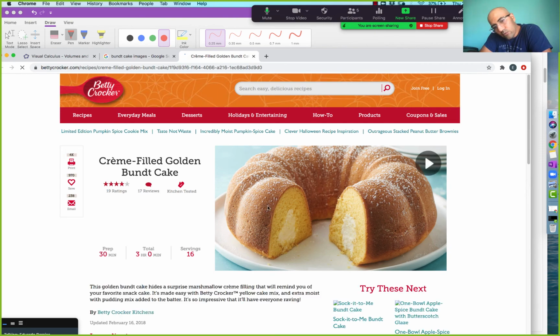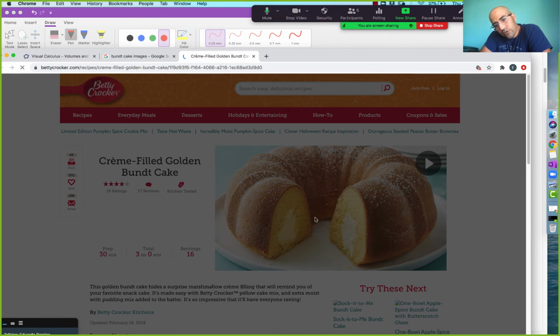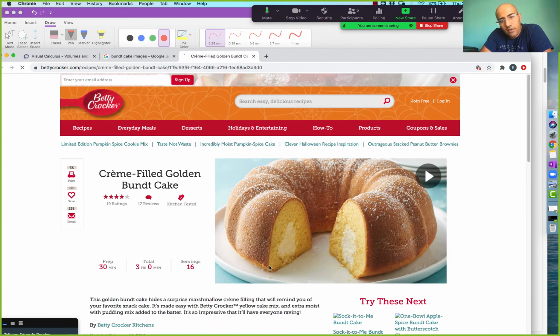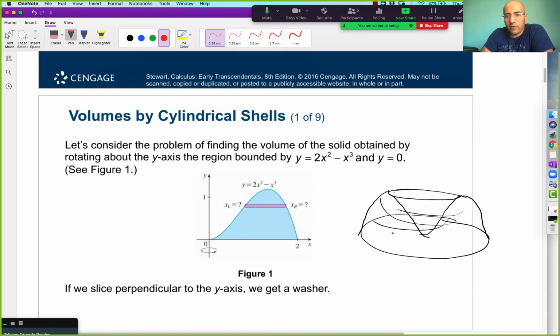As I slice it, we'll see that shape of that curvature come into here, but ours comes down to a center at the origin, so there won't be an actual hole through it, but it would be an empty space like this here. Maybe that kind of helps visualize this cake thing here.